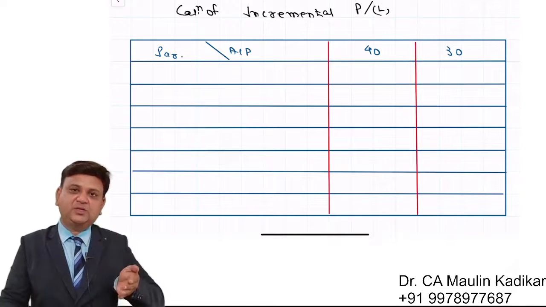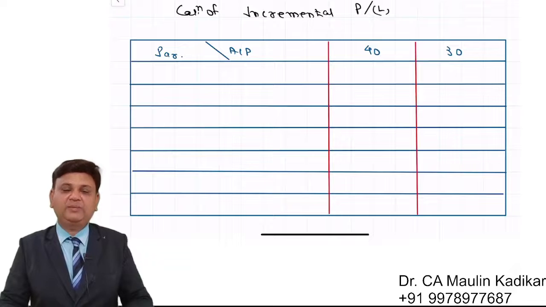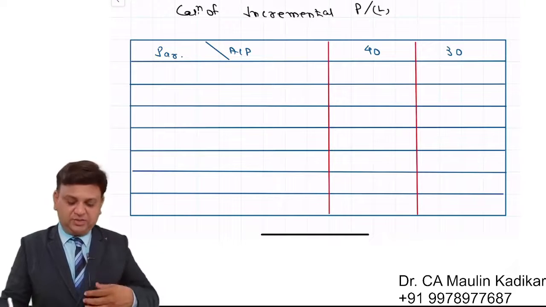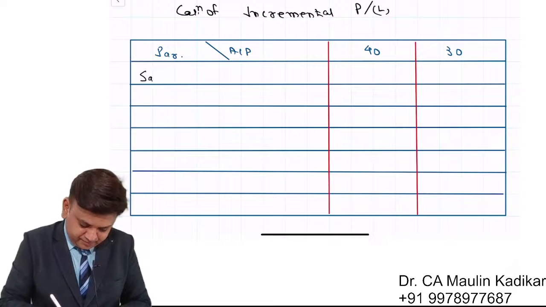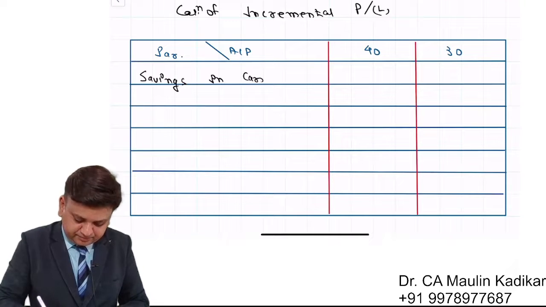That information is not given, and even there is no change. Fixed cost, nothing. Why? Because information is not given and there is no change. So basically we will start the answer with the savings in carrying cost.